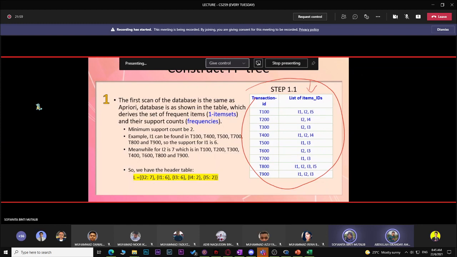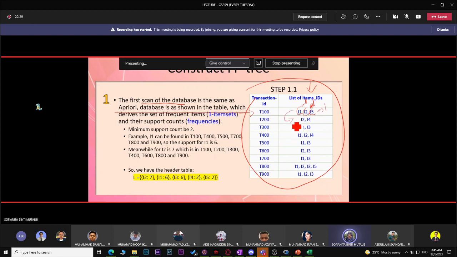The first scanning is that it goes to the transactions, captures the items in the transaction, and in the temp array or temp memory, it will count each item. So for transaction 100, item 1 is found one time, item 2 count equals 1, and item 5 equals 1.